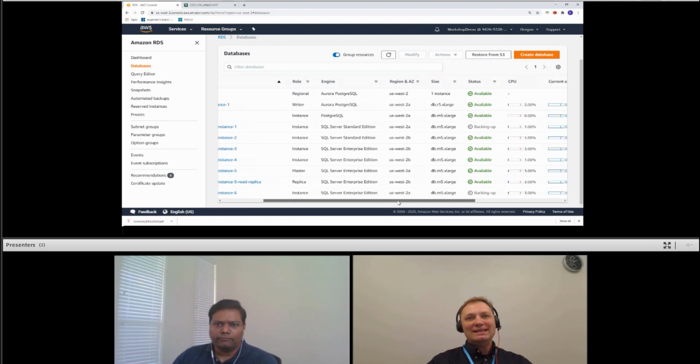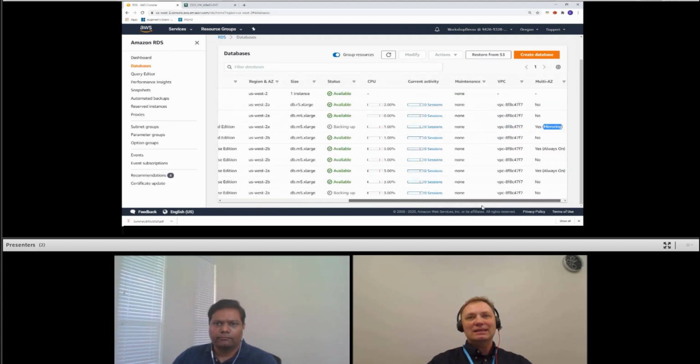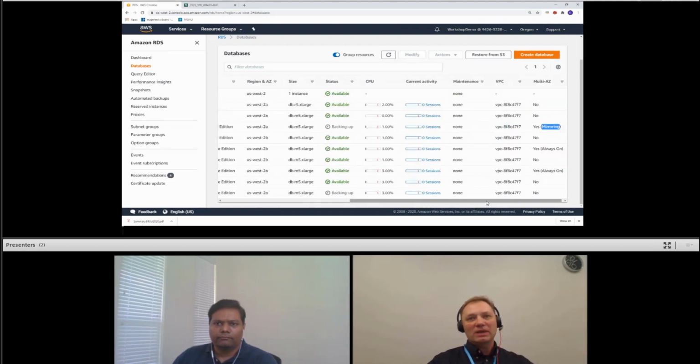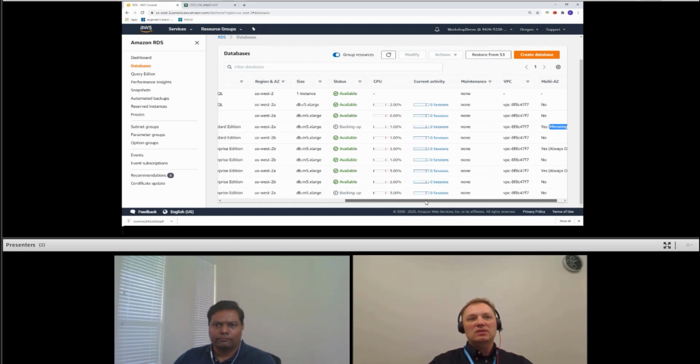For 2016 and 2017 Enterprise Edition, it's going to be Always On availability group. For anything else, for the Standard editions and for the older versions of Enterprise Edition, we're going to have database mirroring backing that multi-AZ deployment.